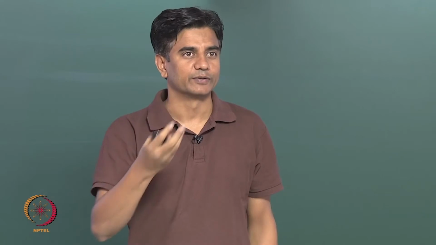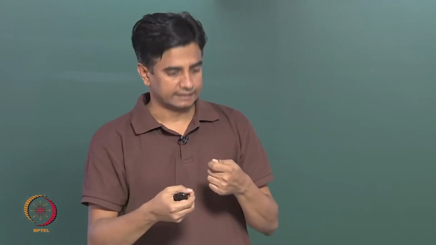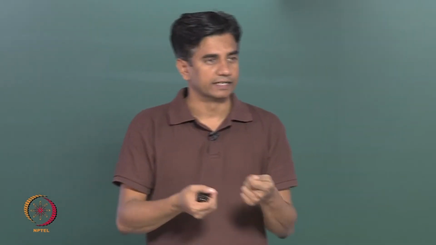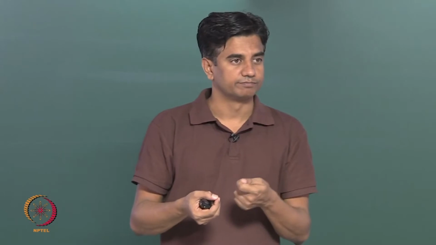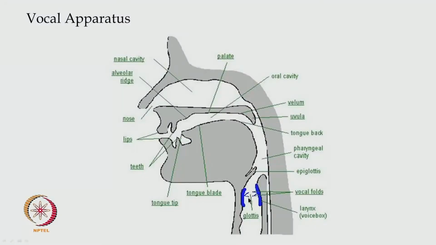You can see people doing that, and there is an underlying system behind that. Those who know how to do it well can come up with more combinations of sounds. So look at this. There are vocal cords located here in the glottis. So these are going to be important places for us to look at.